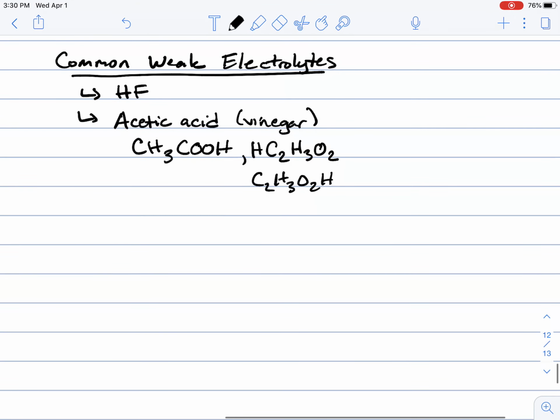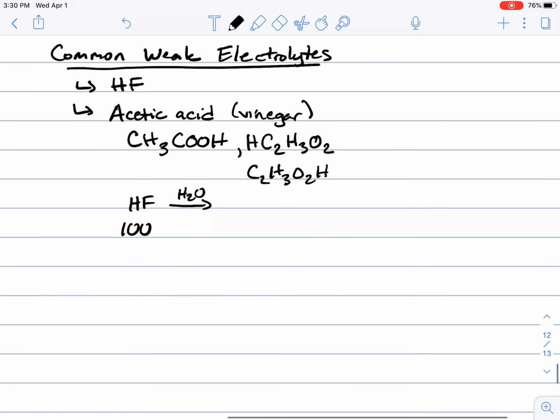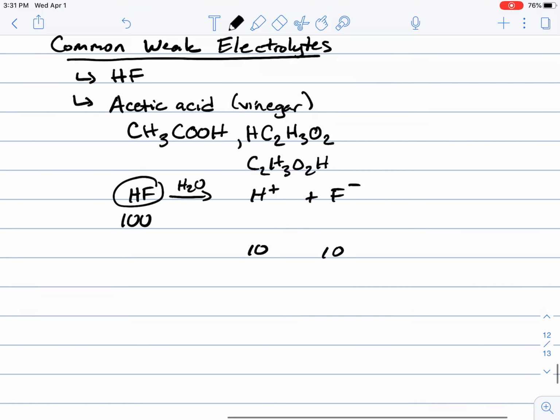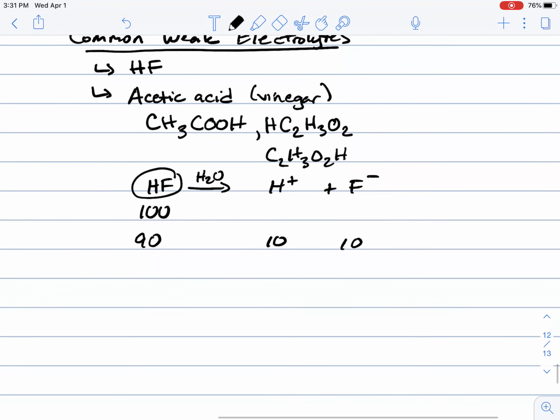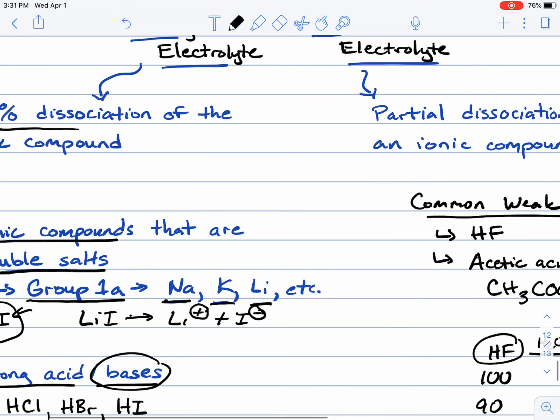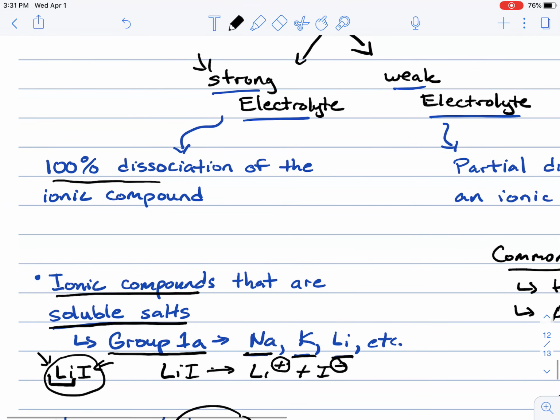And so if you have like 100 hydrofluoric acid and you put it in water, only, for instance, 10 of the hydrofluoric acid will actually decompose to produce H plus and F minus, while 90 remain. Whereas for strong electrolytes, you have 100% dissociation.